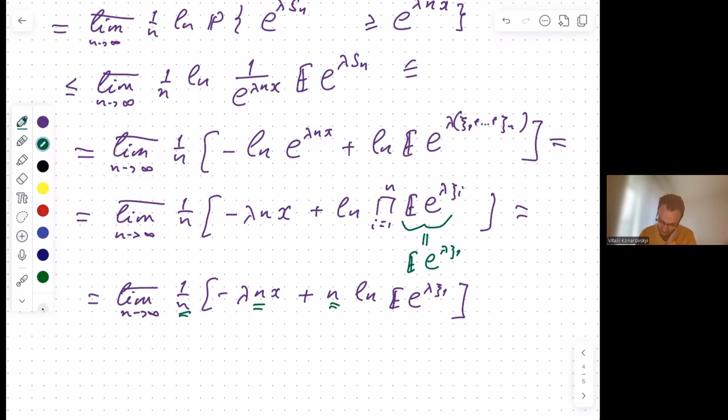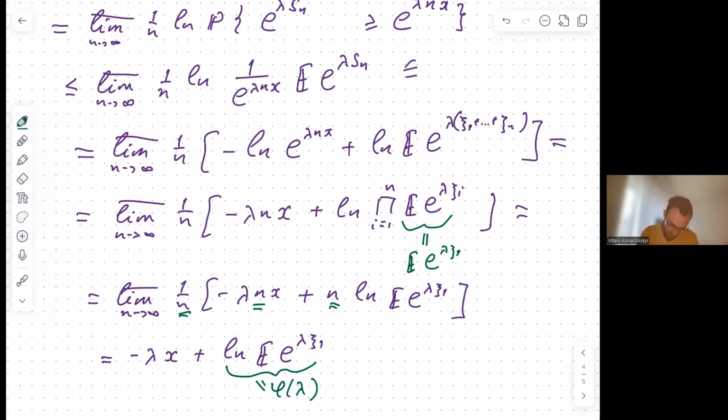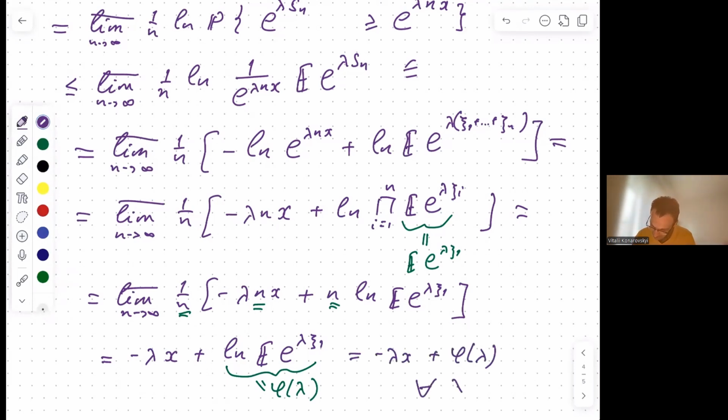The limit is equal to minus lambda x plus the logarithm of the expectation of e to the lambda xi. Let me denote this function by phi; it depends on lambda. Thus it is minus lambda x plus phi of lambda, and this is true for every lambda that is positive.